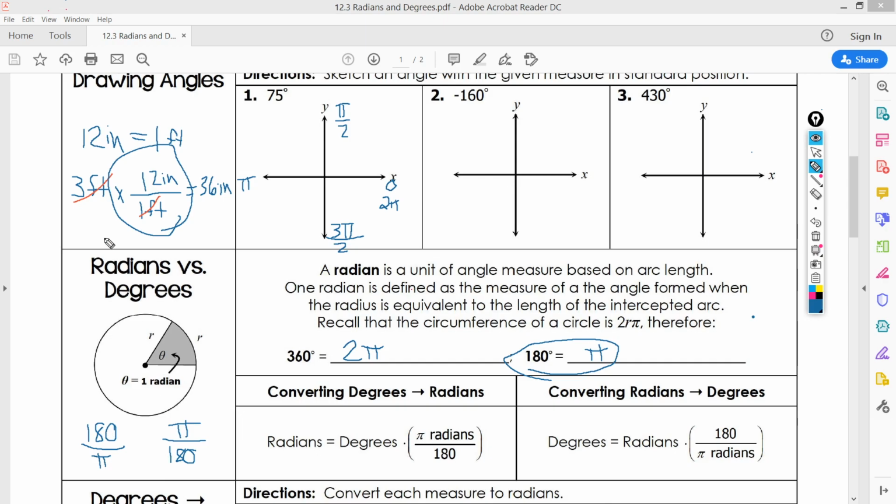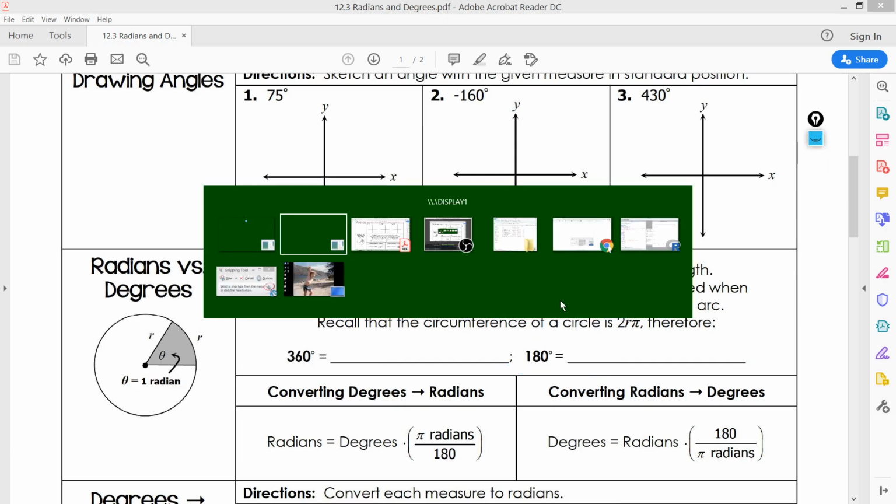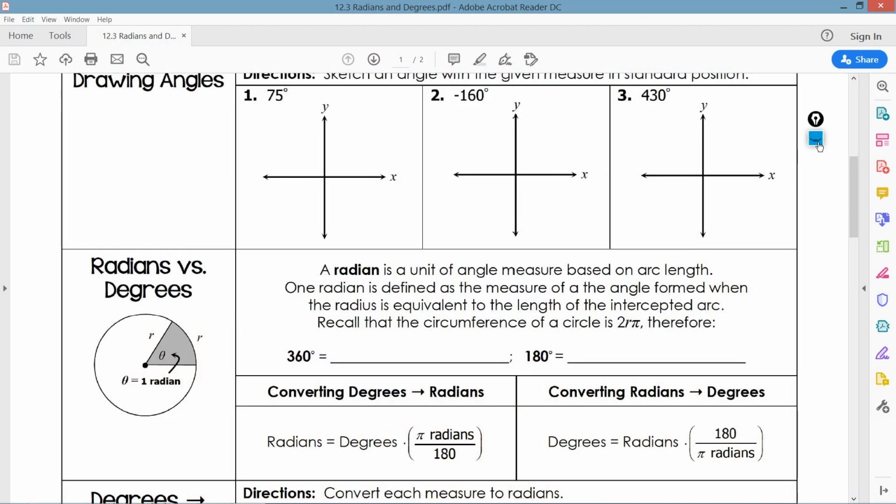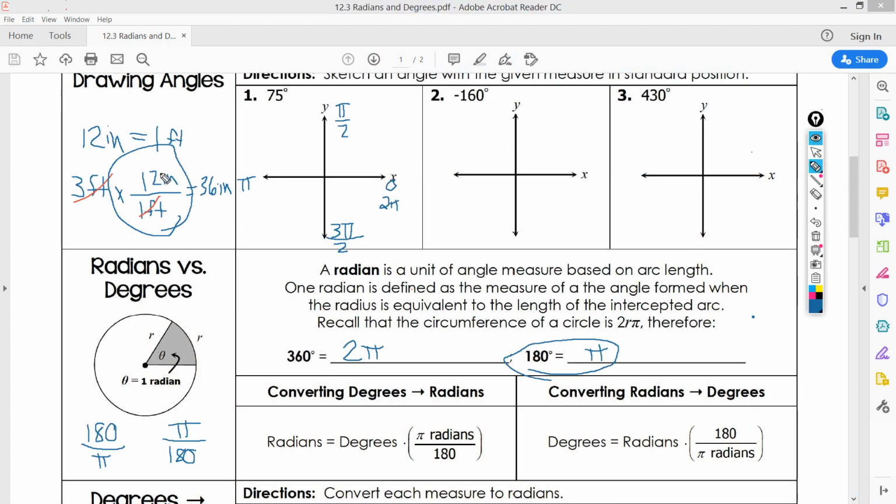If you look at my feet and inches example right here, I was trying to get rid of feet and go to inches, right? So I put feet on the bottom. Why? Because I want to cancel my units. And you cancel these units by dividing.